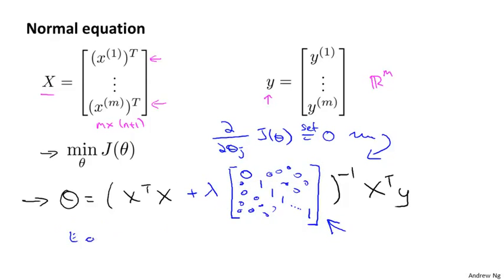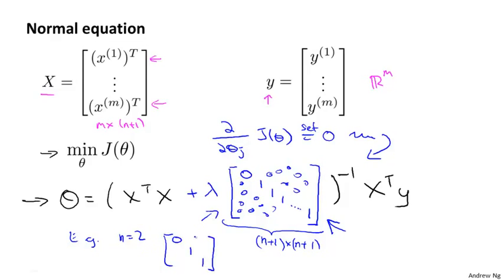As a concrete example, if n equals 2, then this matrix is going to be a 3 by 3 matrix. More generally, this matrix is an n plus 1 by n plus 1 dimensional matrix. So if n equals 2, it would be 0, and then 1s on the diagonal, and 0s on the off diagonals.